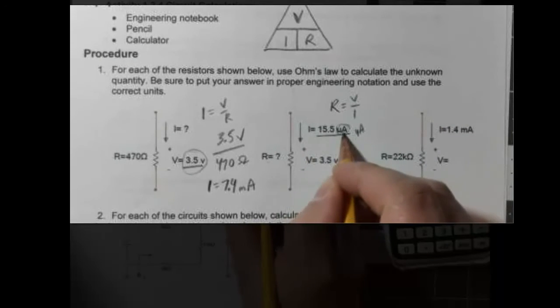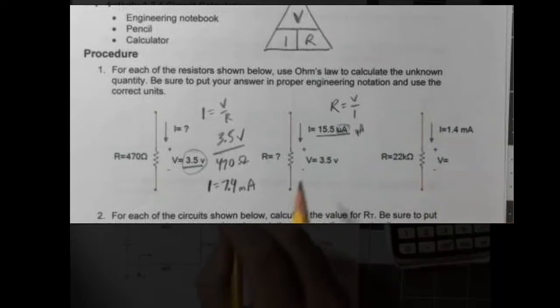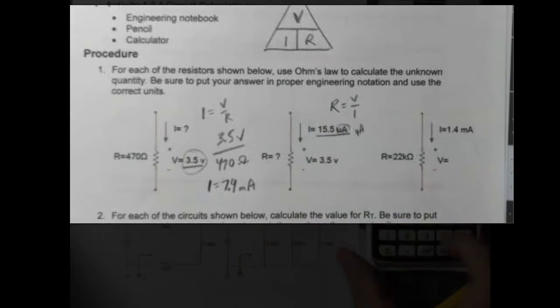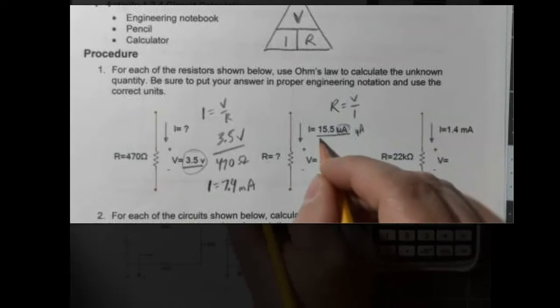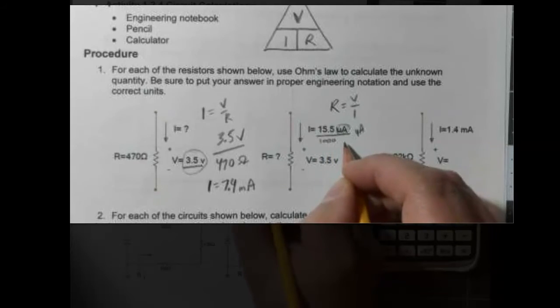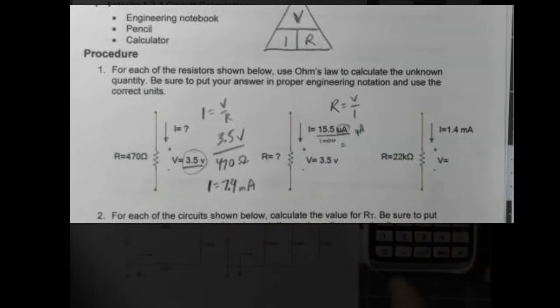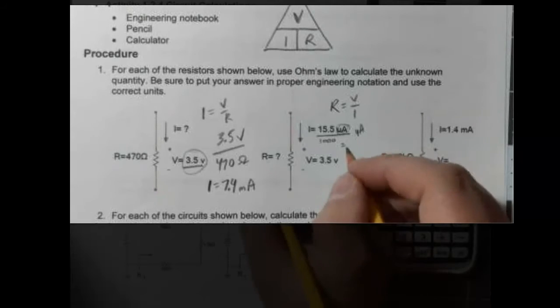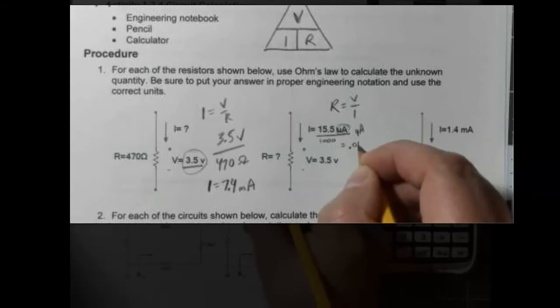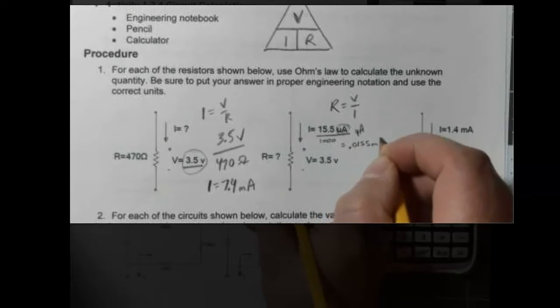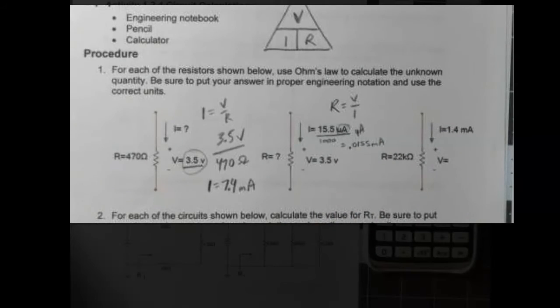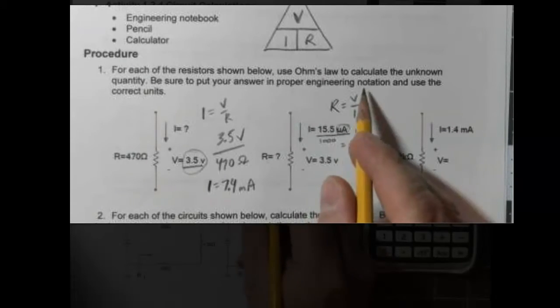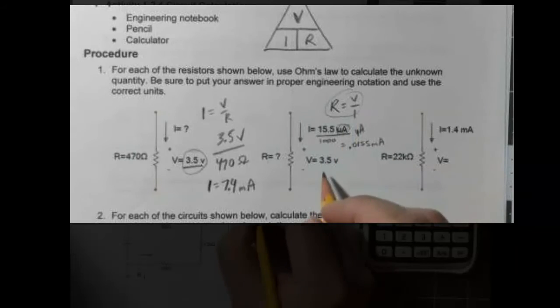We want to turn this micro into milliamps because we'll get a more rounded answer. So 15.5 divided by 1000 will give us our milliamps, which is 0.0155 milliamps.